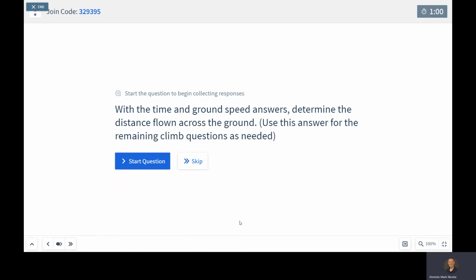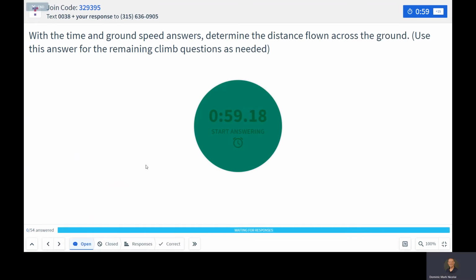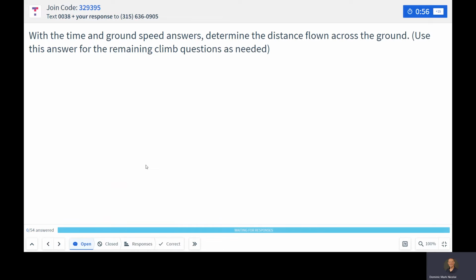All right, using time and ground speed answers, which are going to be 20 minutes and 129 knots, determine distance flown across the ground. So 20 minutes and 129 knots.